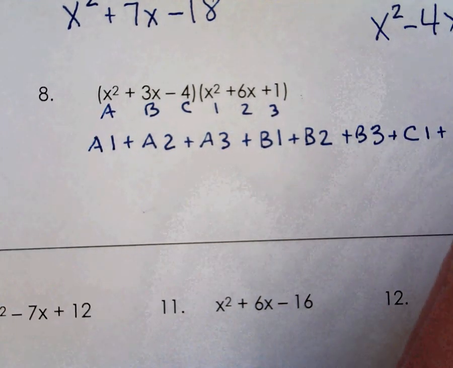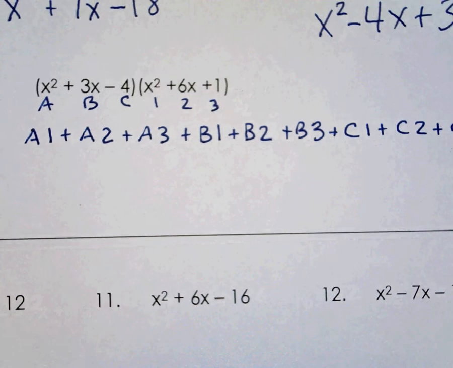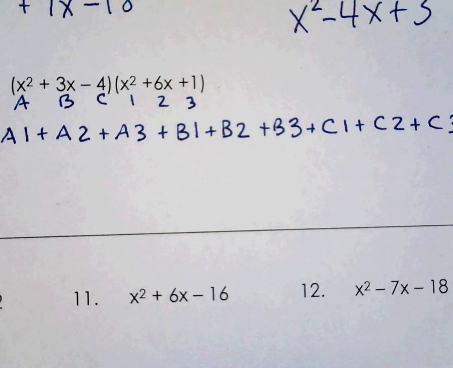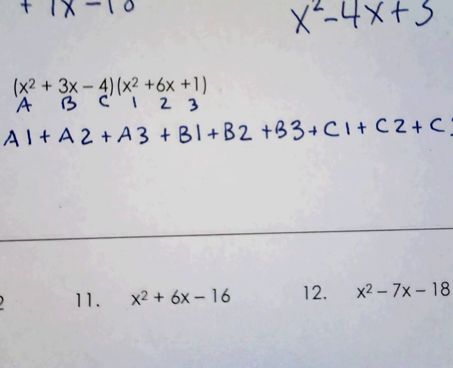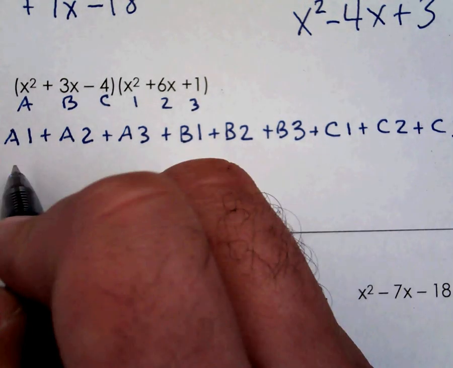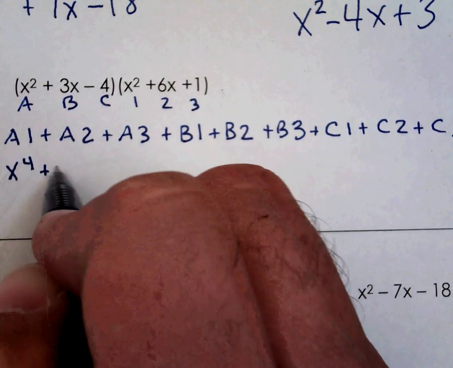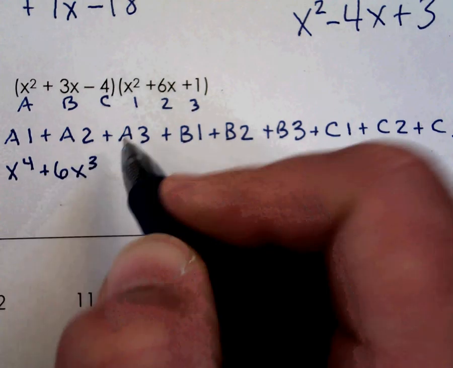And move on to B multiplied by 1, and B multiplied by 2, and B multiplied by 3, and do the same with C. So you might notice, it's a giant problem, we have 3 terms times 3 terms. You should end up with 9 terms.